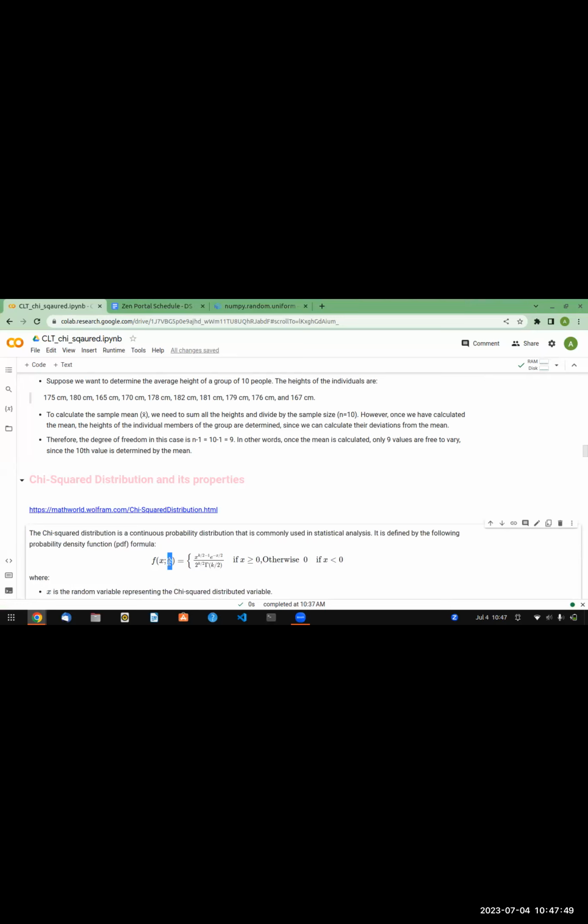That means along with the variable, the size of the data also plays an important role here. If you take 10 samples and if you take 100 samples, the chi-square distribution will be different for both of them.